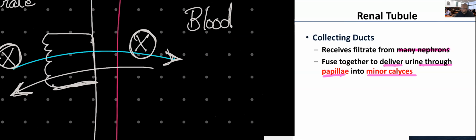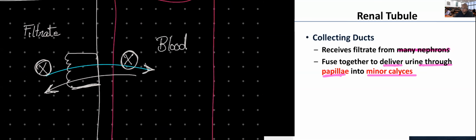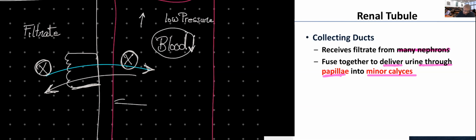All right, so in order to allow reabsorption to take place of, generally speaking, any substance, what I need to have in the peritubular capillaries is low pressure. Why? Because if I had high hydrostatic pressure, this is going to push everything, preventing everything from being reabsorbed.